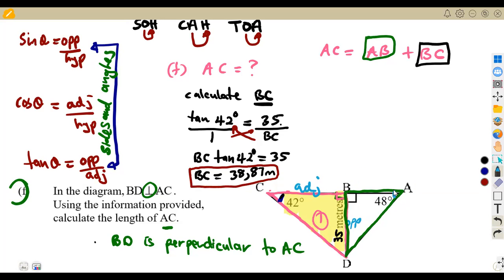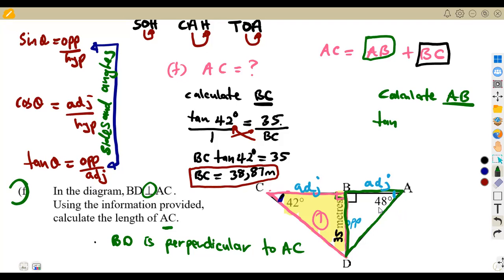And what is AB? According to the angle of 48 degrees and the 90 degrees, AB is adjacent. So we are going to take a ratio that applies to opposite and adjacent at the same time. Which ratio is that? Again, we are going back to the ratio of tan, opposite over adjacent. So to calculate AB, we are going to use tan of theta again.